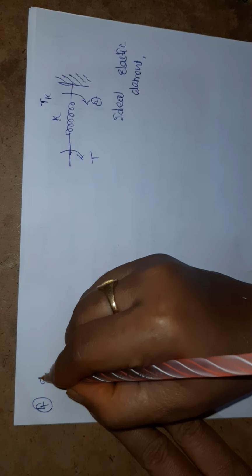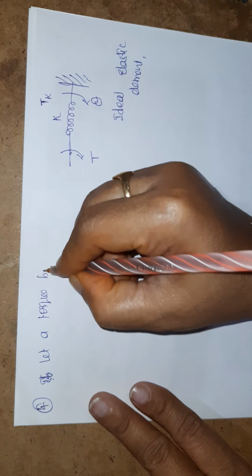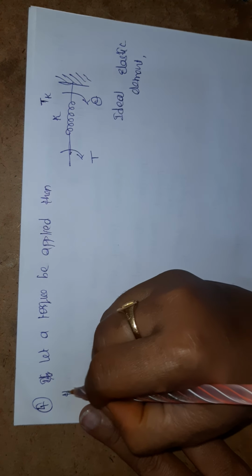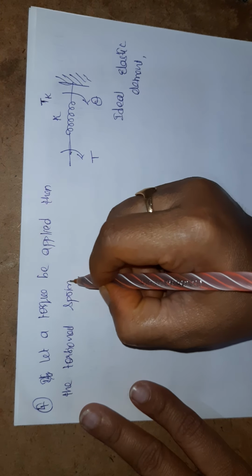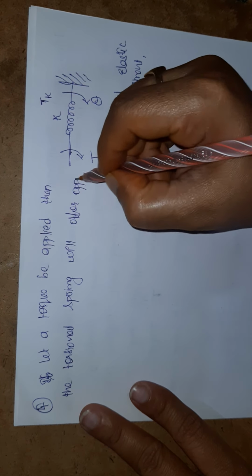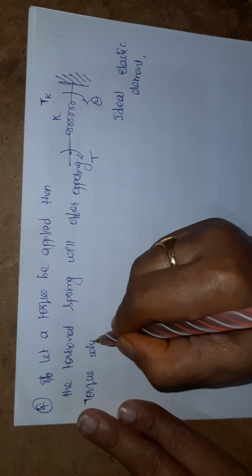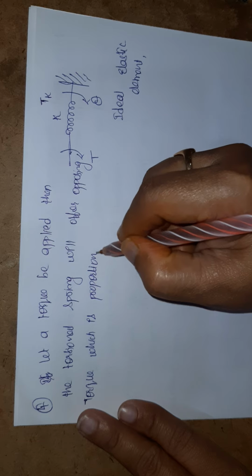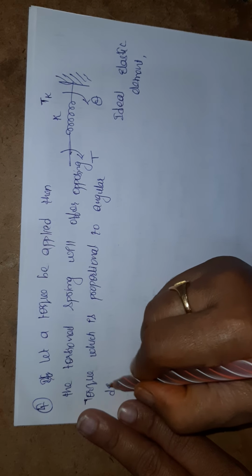Okay, let a torque be applied, then the torsional spring will offer an opposing torque which is proportional to the angular displacement of a body.